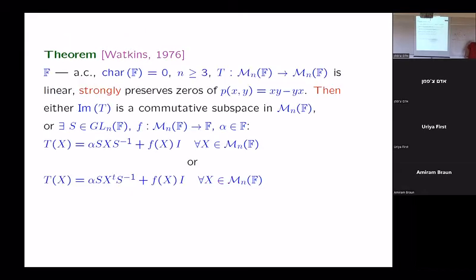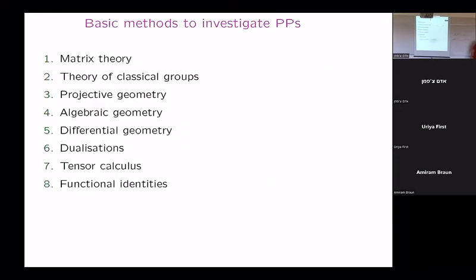And when you consider commutators, either the image is a certain commuting subspace or your map has the following standard form. So the following characterization exists. I will not go into details about the general situation with multivariable polynomials. There are different methods which people apply in these studies.